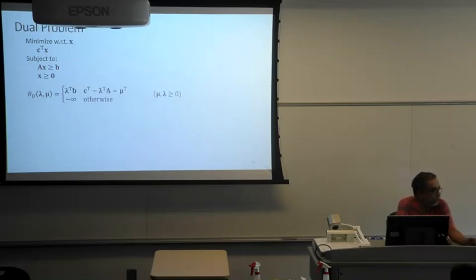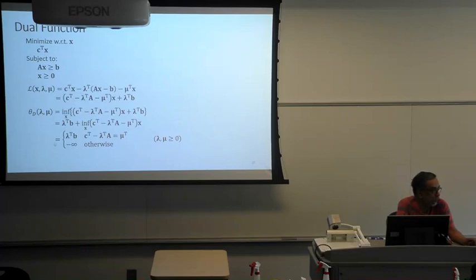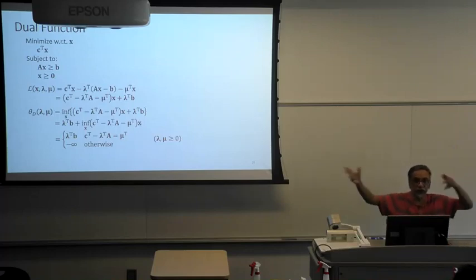So, why should it be minus infinity? Because we're trying to minimize, the infimum. We're trying to adjust x to minimize this expression here. How will you do that? Like, set x to plus infinity or minus infinity, right?